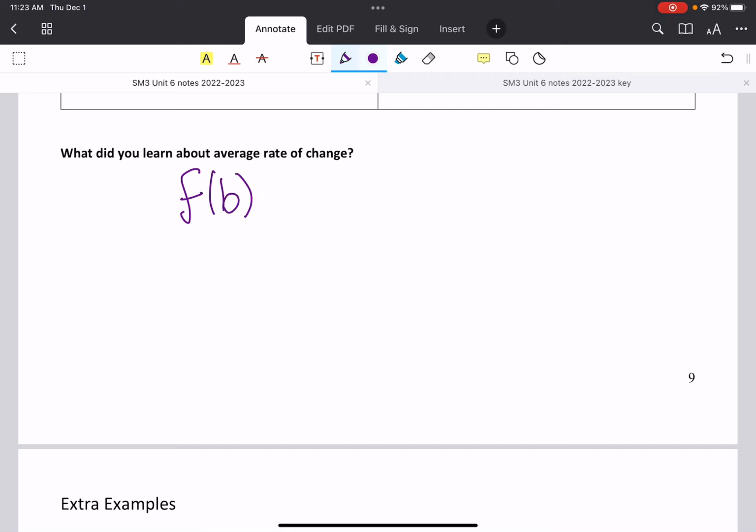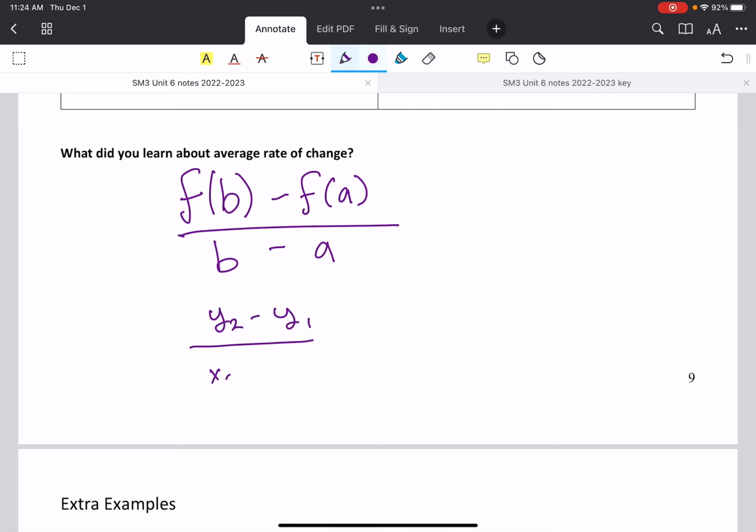Can someone tell me what f of b means? It's the y value when you plug in b. So this is your x value of b. Can we see how this relates to that formula? This is the point B, f of B, and you subtract it from point A, f of A. This is your first point, second point.